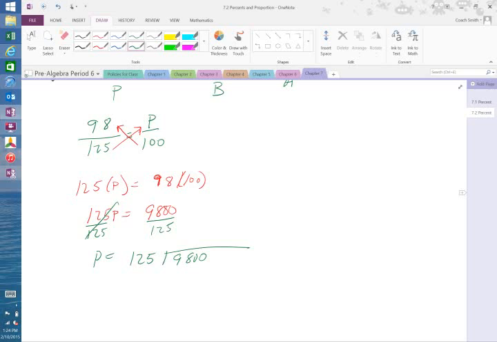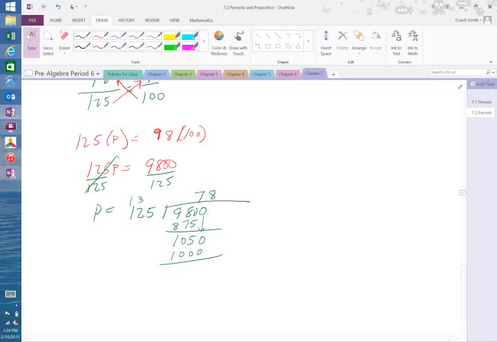Let's see here. 125 into 980 goes 7 times. 7 times 5, carry my 3. 7 times 2 is 14, plus 3 is 17. Carry my 1. 875. That gives me a remainder of 105. Bring down the 0. 125 into 1050 would be 8 times. That would be 1,000. That would leave me with 50.